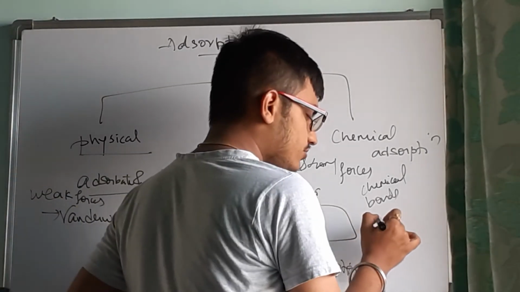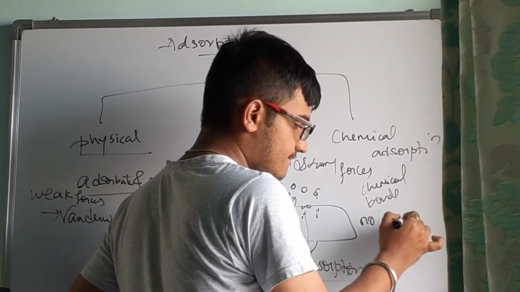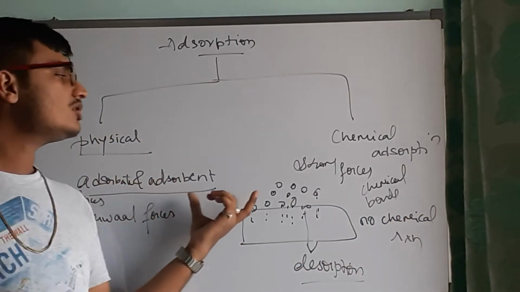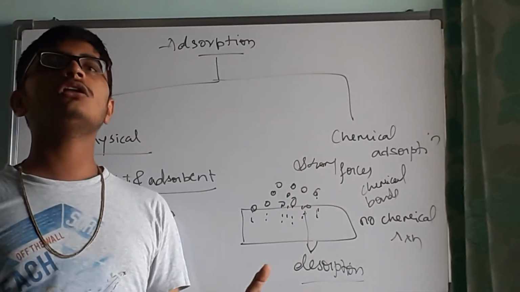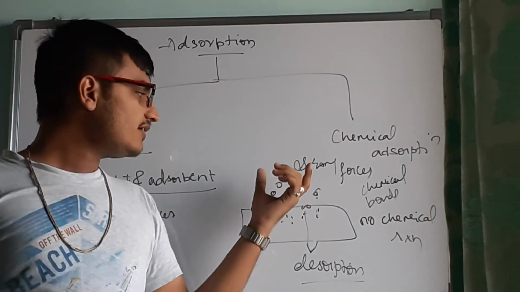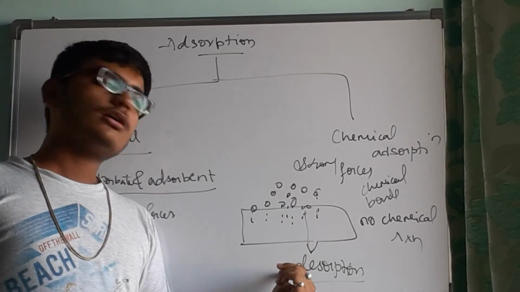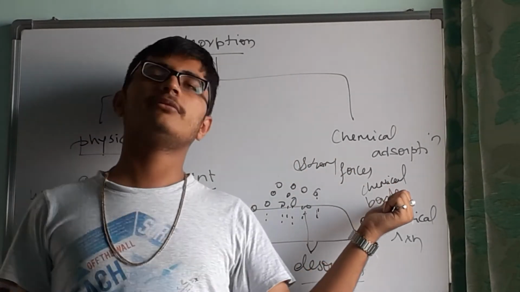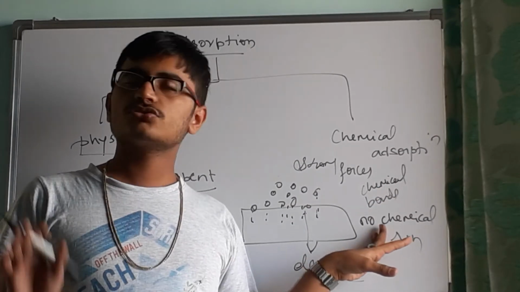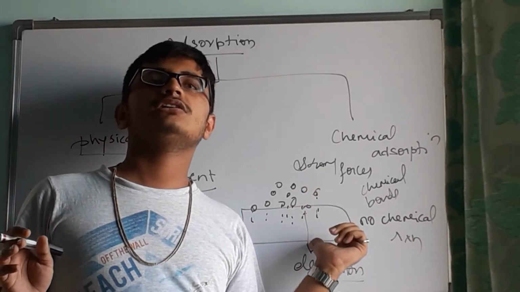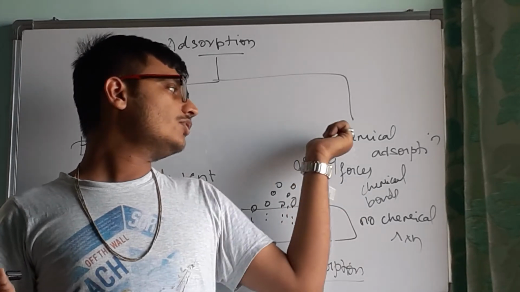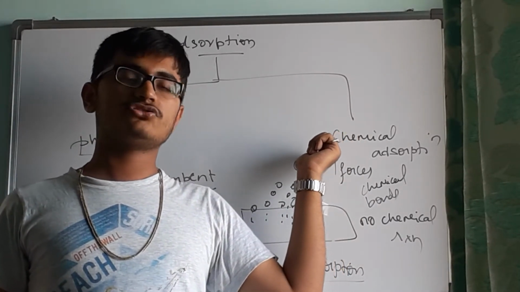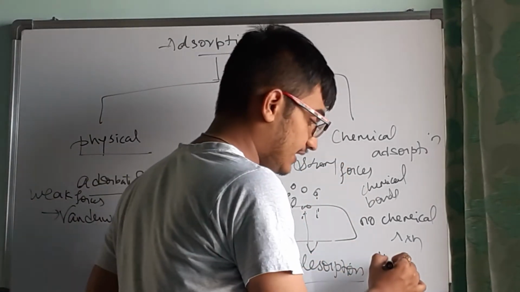This is very important, there is no chemical reaction. So if the adsorbate and adsorbent are settled together by strong forces generally known as chemical bonds, and there is no reaction between them, then such a process refers to chemical adsorption, and this kind of adsorption is irreversible.